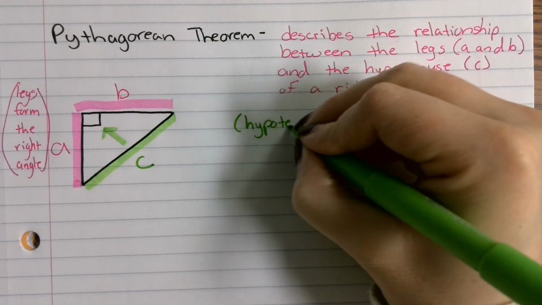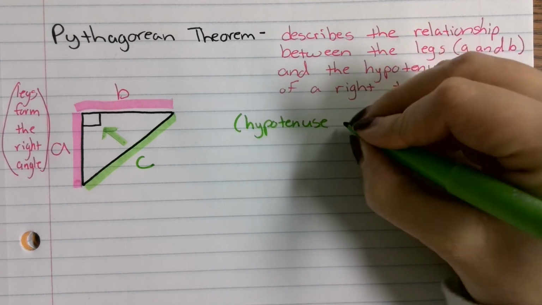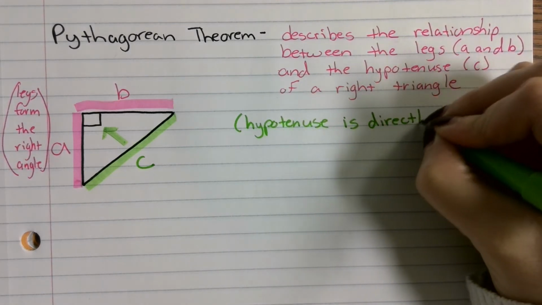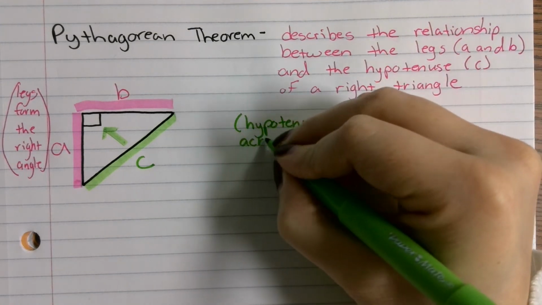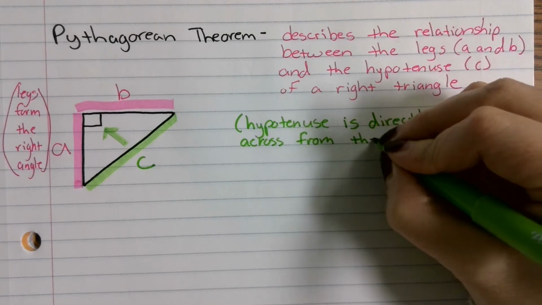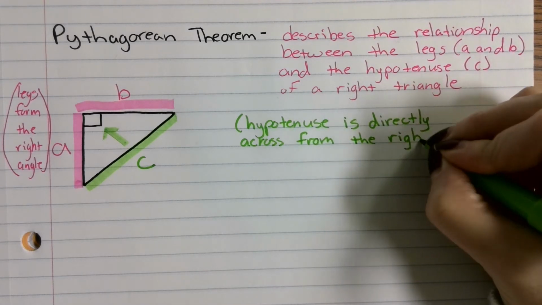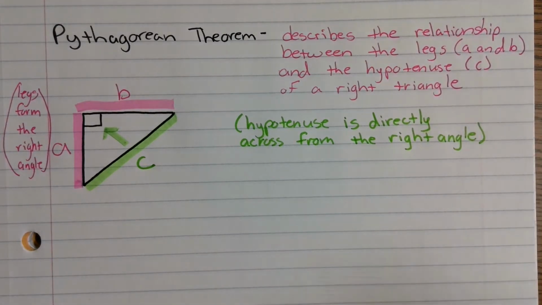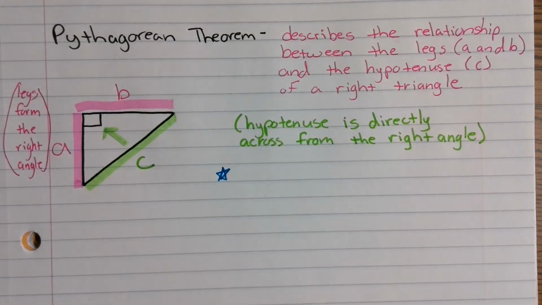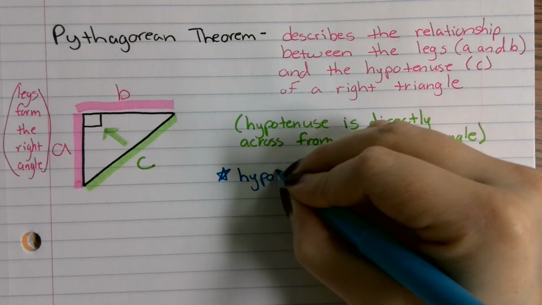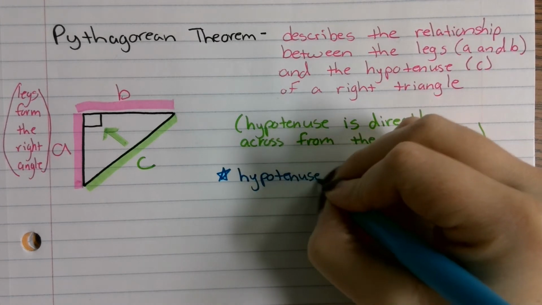That hypotenuse is always directly across from the right angle. What's also really important to know about the hypotenuse is that it's always going to be the largest measurement. The hypotenuse is always your longest measure on the right triangle.